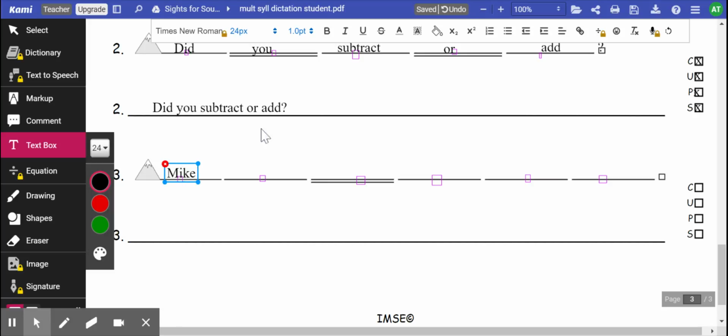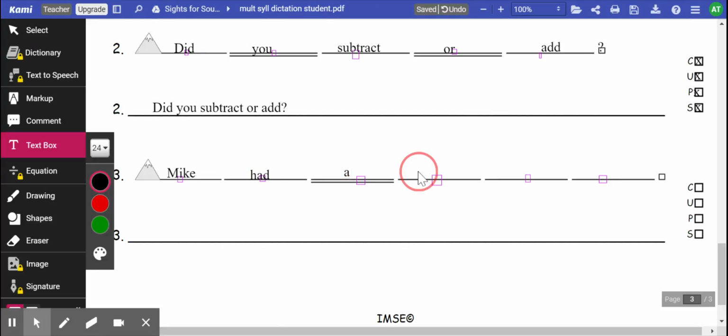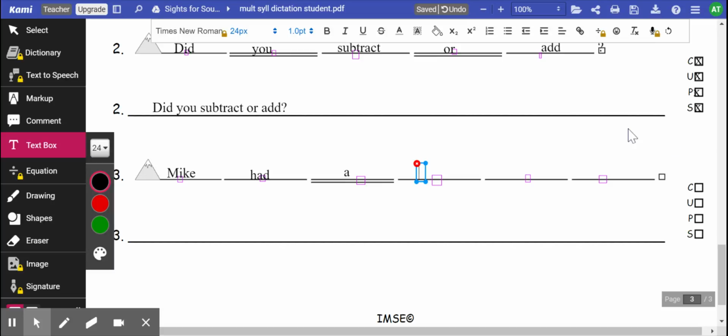So Mike. The next word is had, sound by sound, had. H says huh, A says a, and D says duh, for dinner. Had. Next one is tantrum, syllable by syllable. Tantrum. The first syllable is tan. T says t, A says a, and N says n.